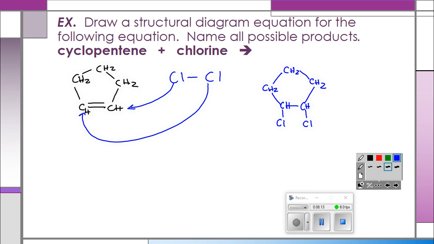I'll still have my cyclic structure based on 5 carbons. But instead of the double bond, I'm going to have the chlorine atom attached on each of those carbons. So when I go to name this, I would have to call this 1,2-dichlorocyclopentane.